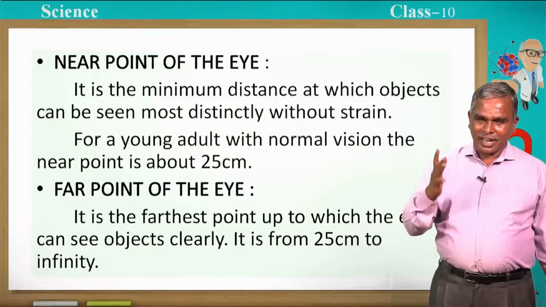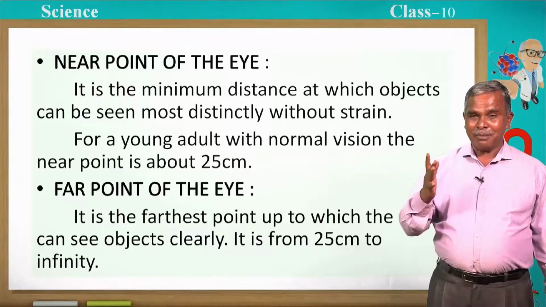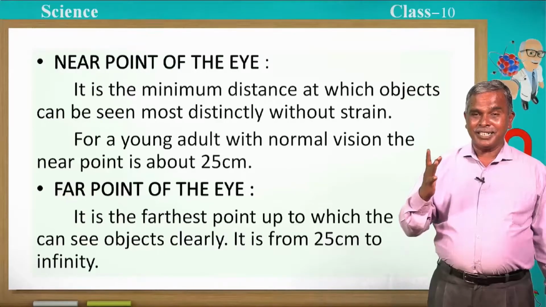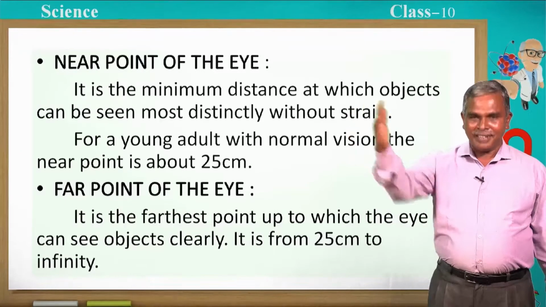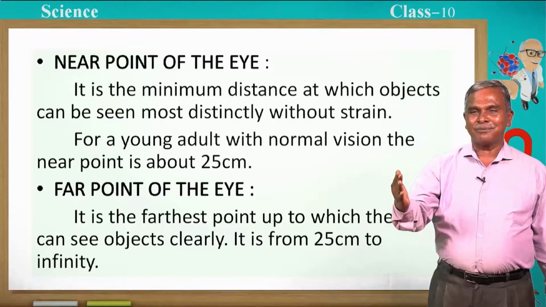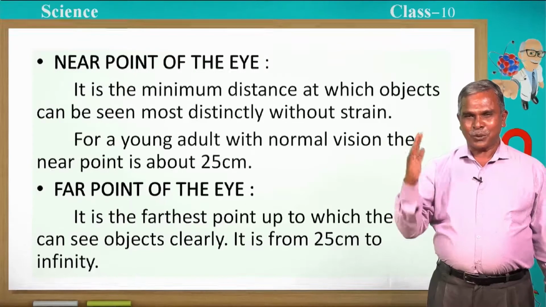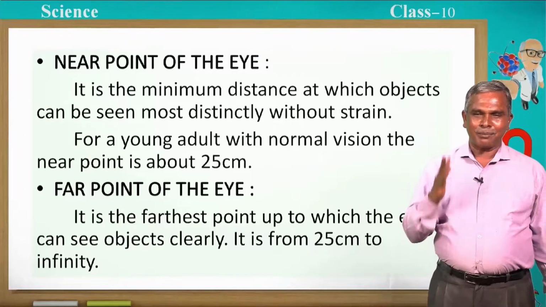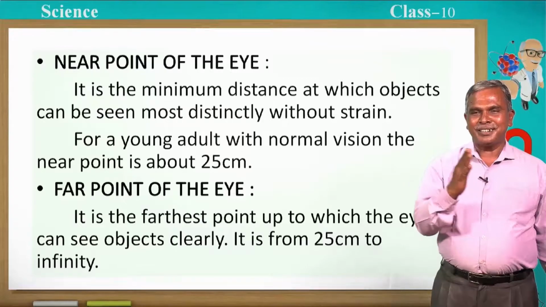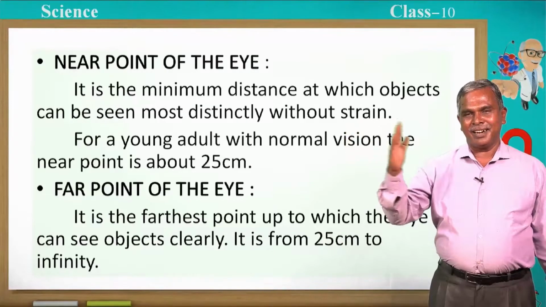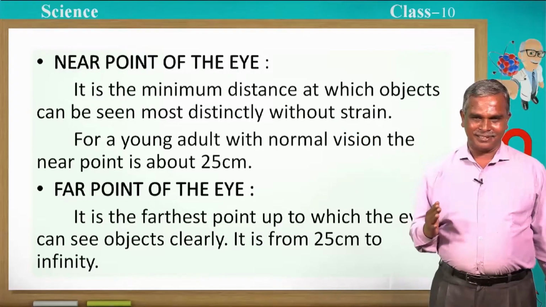So our eye is capable of seeing objects at infinite distances. That is called the far point of the human eye. To sum up, the far point of the human eye is from 25 centimeters up to infinity.